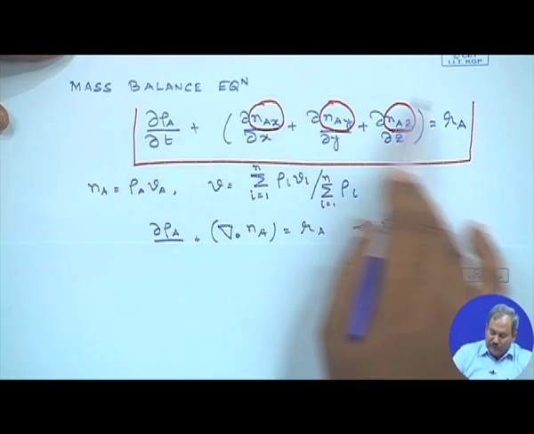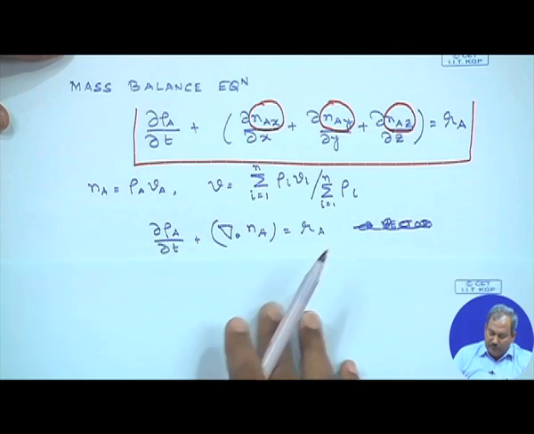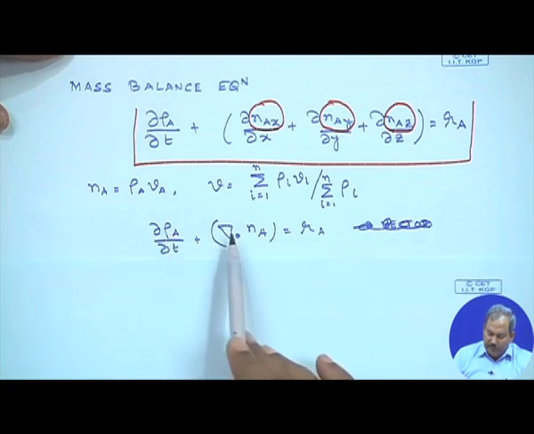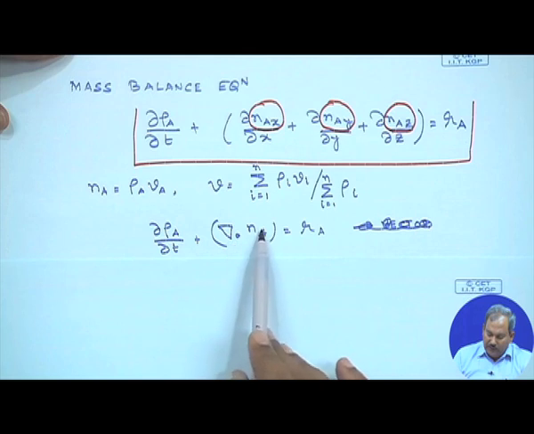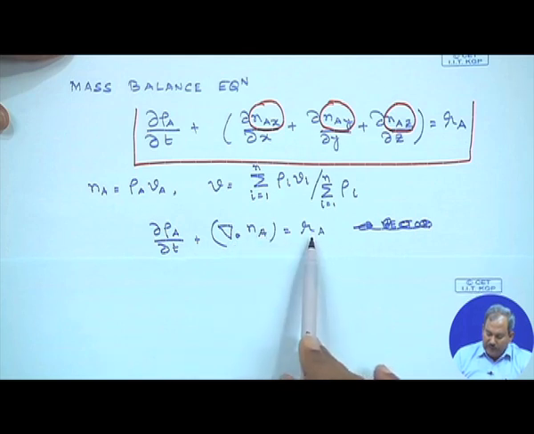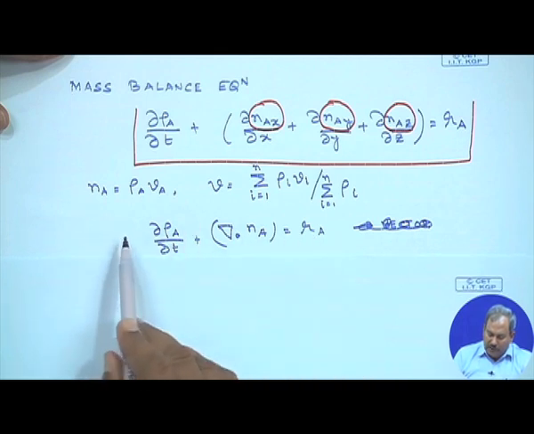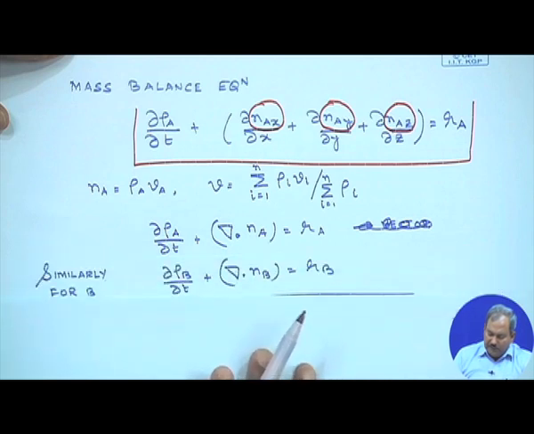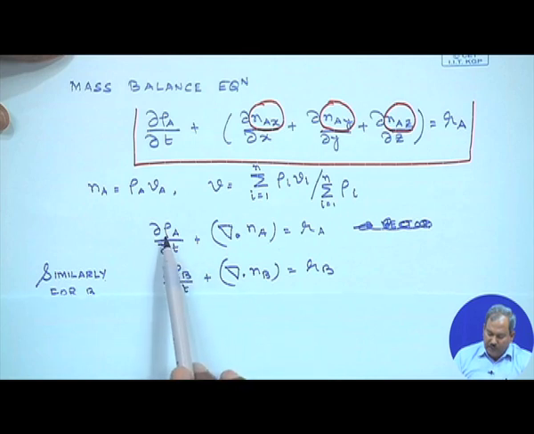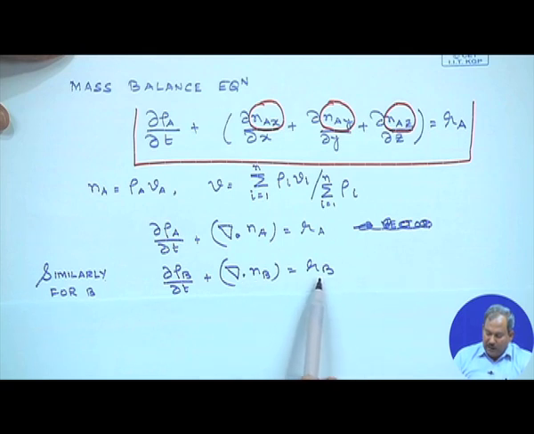So, if I express this equation in vector form, what I would get is del rho A del t plus del dot NA, the mass flux vector, is simply going to be equal to the reaction rate. So this is for component A, and I can write the same expression for component B as well, where only this rho A is going to be replaced by rho B and NA is going to be replaced by NB and RA by RB.